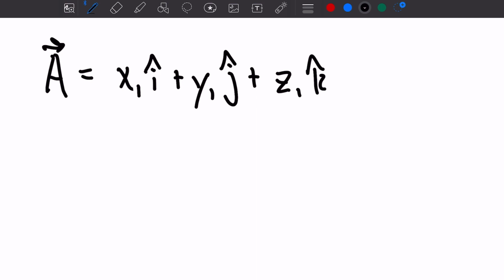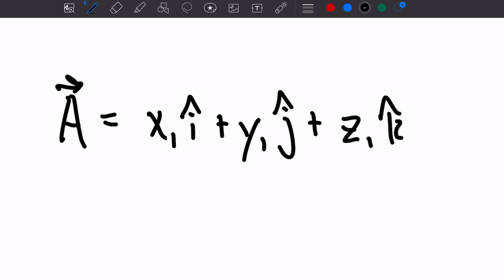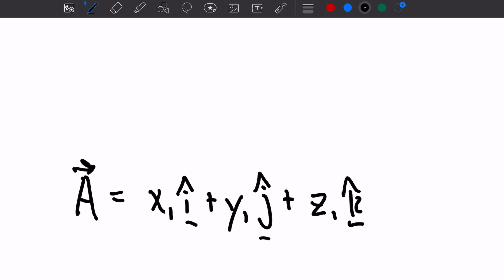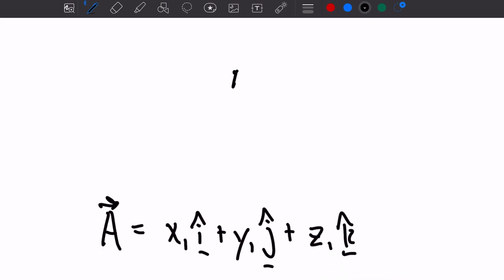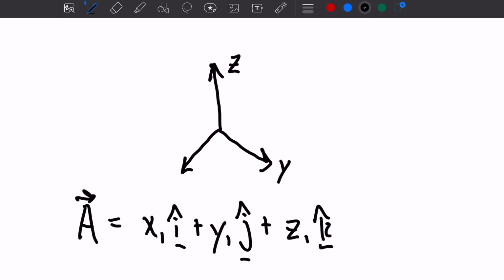So for each of these, as you can tell, they have these letters that follow: i, j, and k. These are going to be our coordinate unit vectors. So again, if we're looking at this as like a 3D space, we'll have a z coordinate, a y coordinate, and then we'll have our x coordinate.